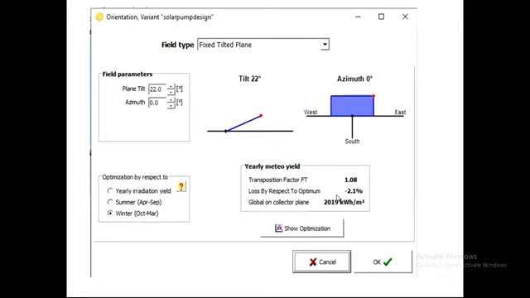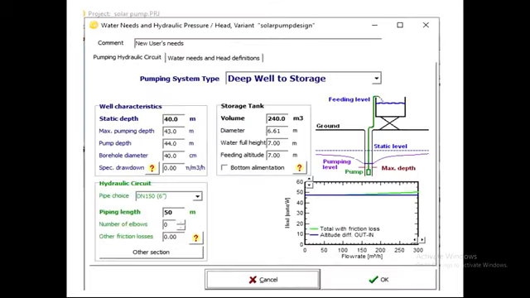If it is increasing, choose that value here. So the importance of latitude is that it is the near optimum angle. It will give the idea. So 18 is the near optimum angle. So increase or decrease that one, you will get the energy collected by the solar module. And then click on OK.